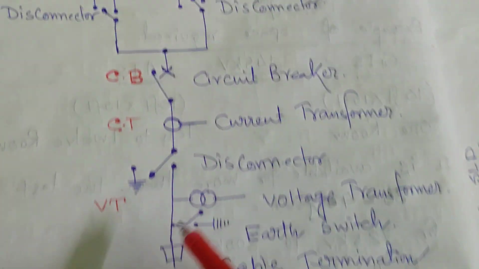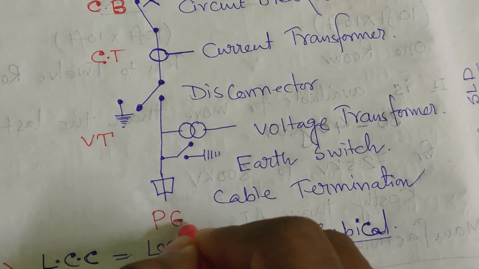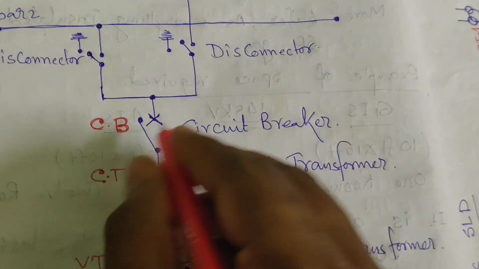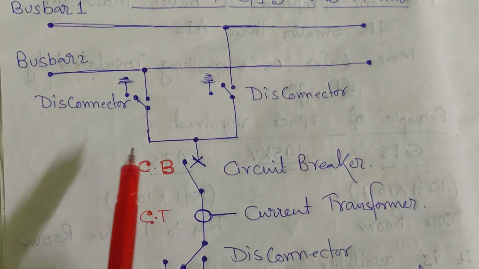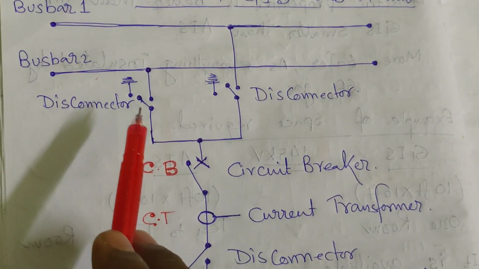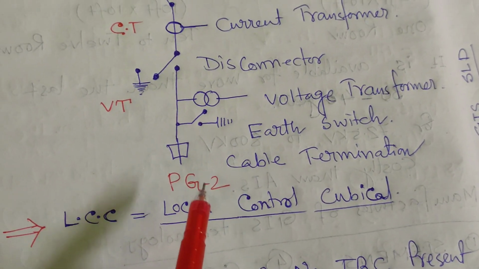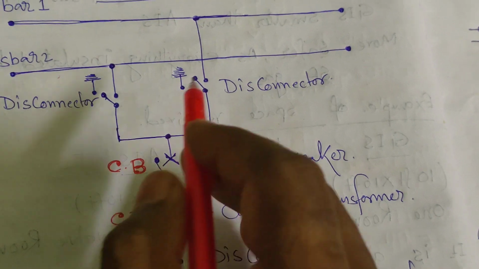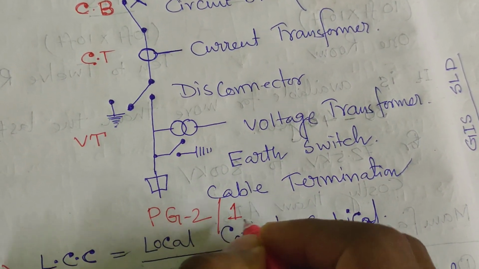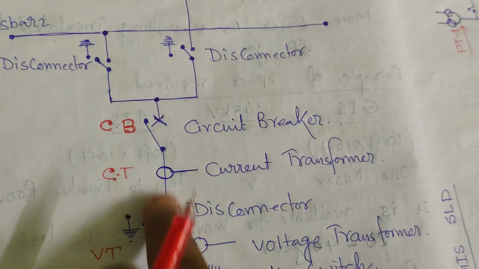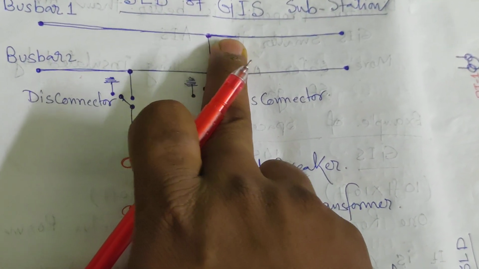Suppose it is connected to power grid 2, PG2. So we have to connect this line, for identification purposes, with bus 2. Bus 2 is connected with the bus 2 feeder and bus 1 will be connected with the bus 1 feeder. If it is power grid PGCIL 1, it will be connected to bus 1 for taking power to the bus.